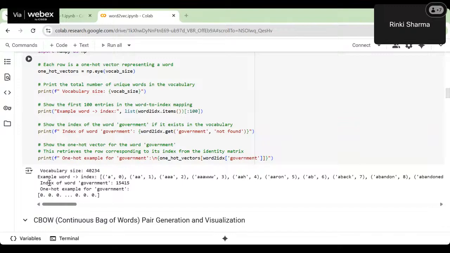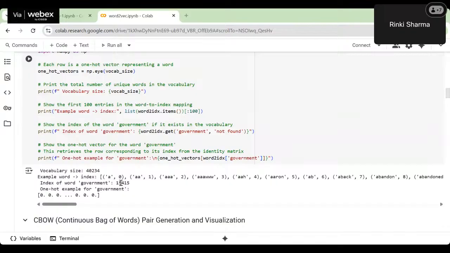The index of the word is 15,415, and we have also printed the one-hot encoded vector for that word, which is a vector which contains 0 at every place except one entry. Here the entry will be 1.